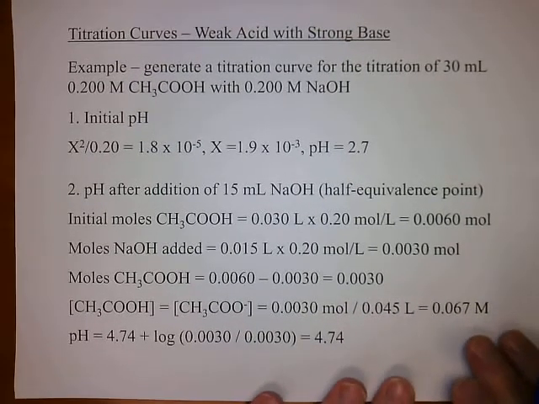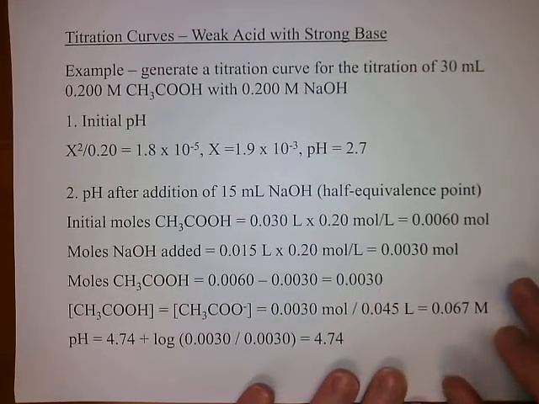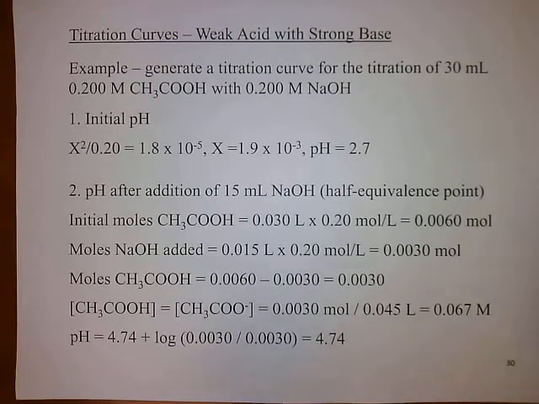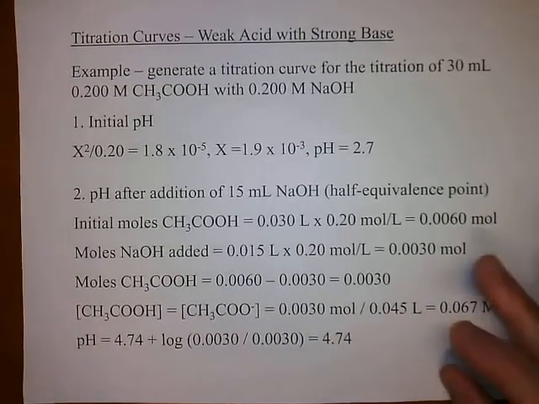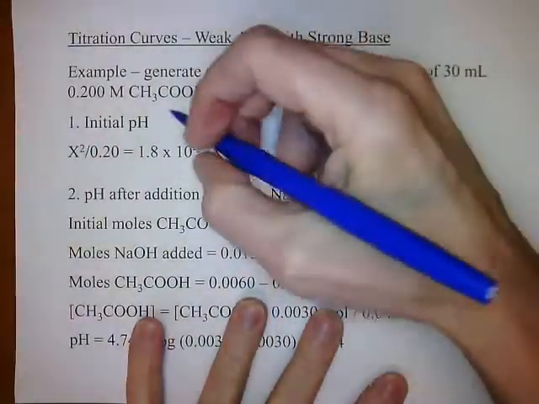Now, let's think about this for a minute. What have we basically done here? What we did was we made a buffer. Okay, remember, a buffer is able to resist changes in pH because it has an acid and the conjugate base of the acid. Let me write the reaction out here.